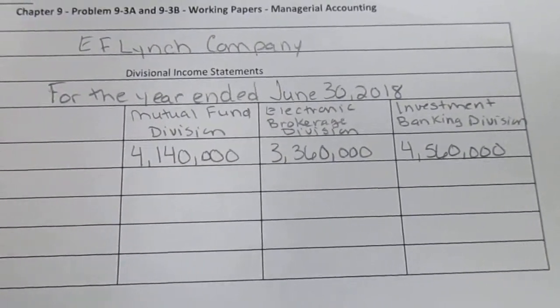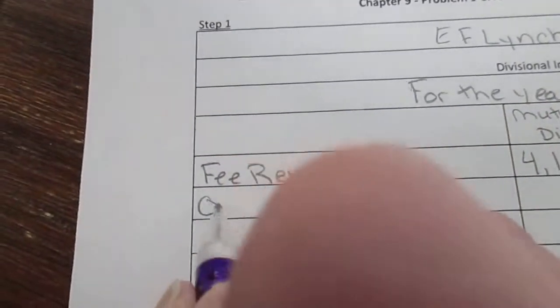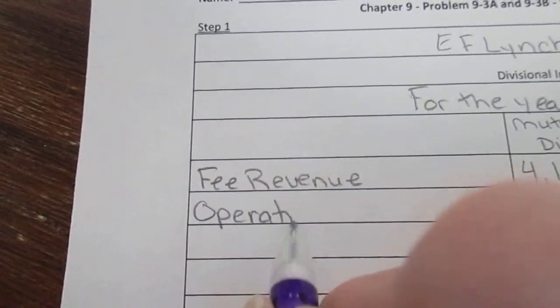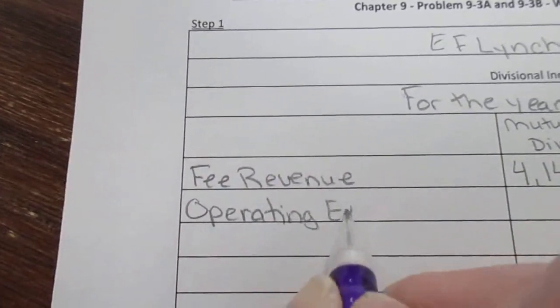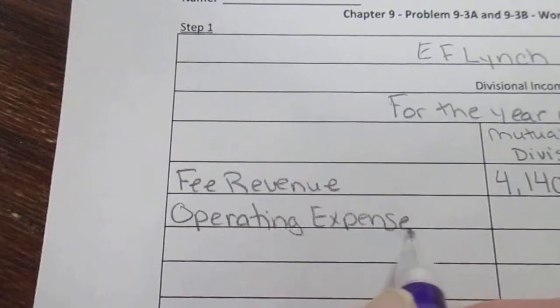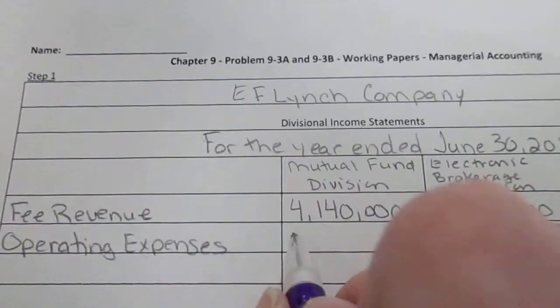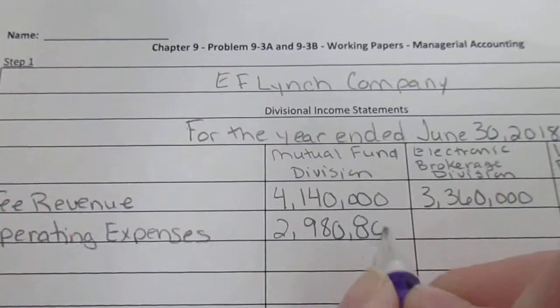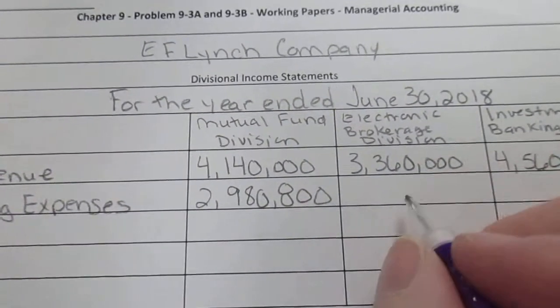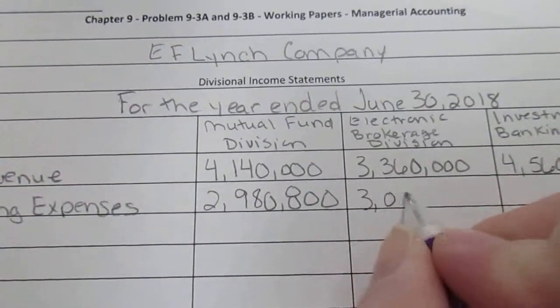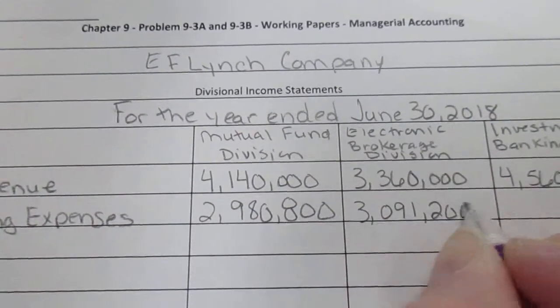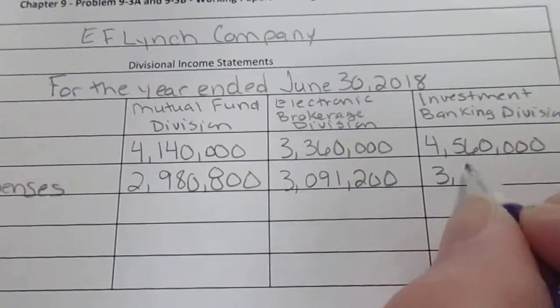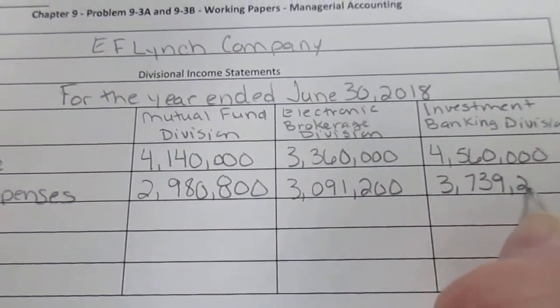Our book also tells us our operating expenses, so again, just pulling the numbers out of the textbook: 2,980,800, 3,091,200, and 3,739,200.